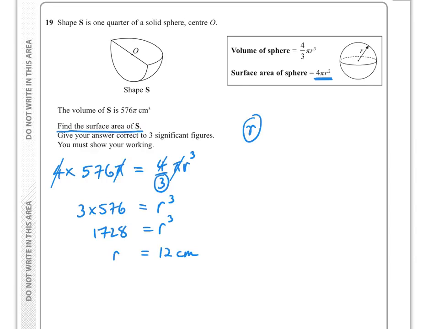So the surface area, well, I can see that if I add this part here to this part here, it will just make a circle, won't it, of radius r. So the surface area of S is going to be pi times radius squared, the area of one circle, because it's two halves put together, plus 1/4 of what this surface area would have been, because it's only 1/4, don't forget.